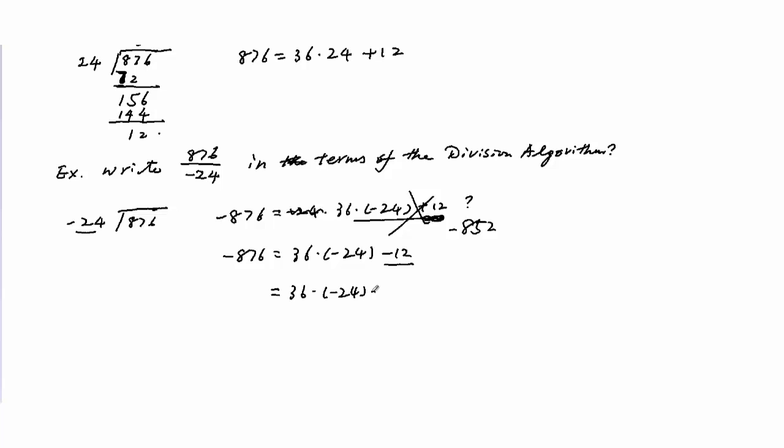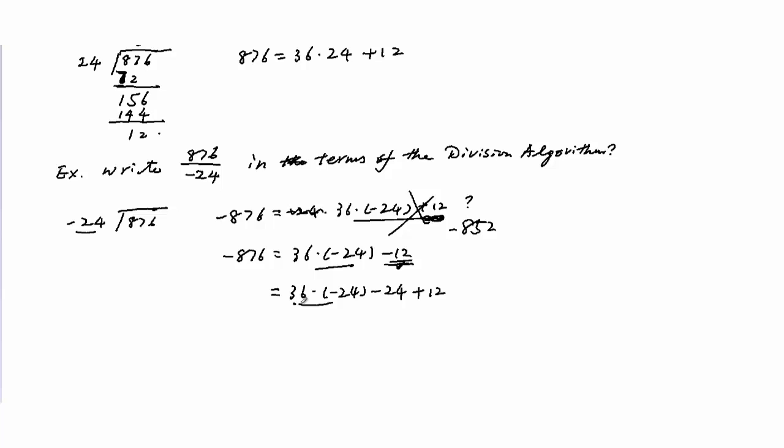But because the divisor is 24, so we need to make this one 24. But then still, to balance this negative 12, you need to do plus 12. So negative 24 plus 12 will be negative 12, and this is the same, so that will give you negative 876.